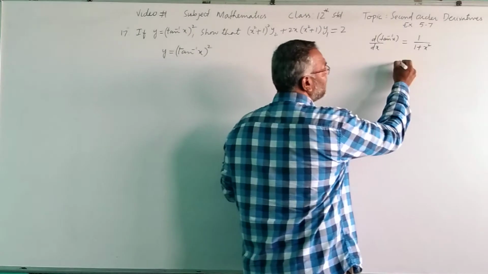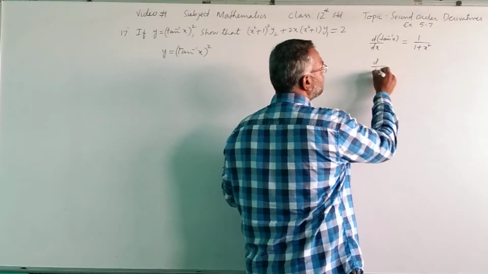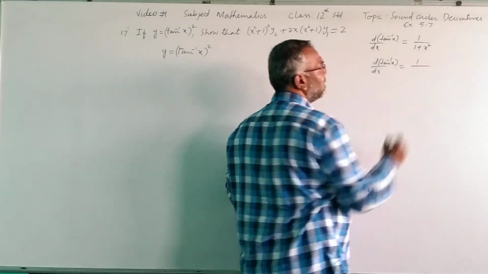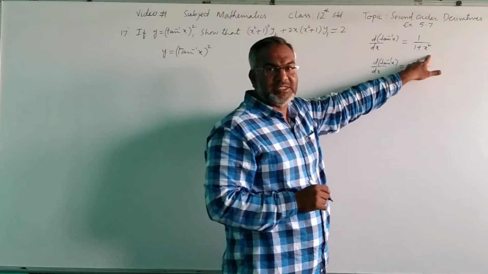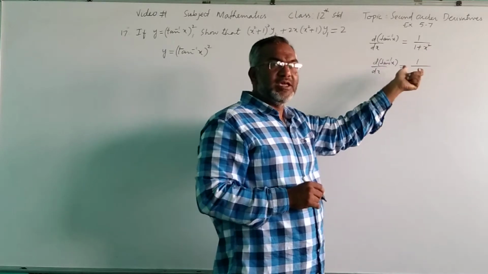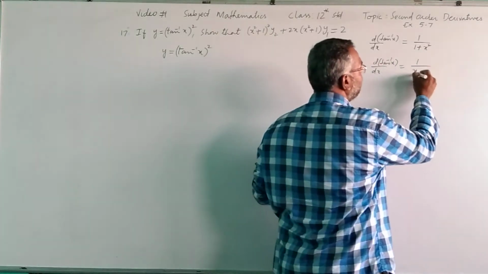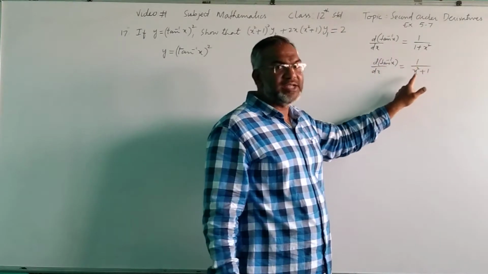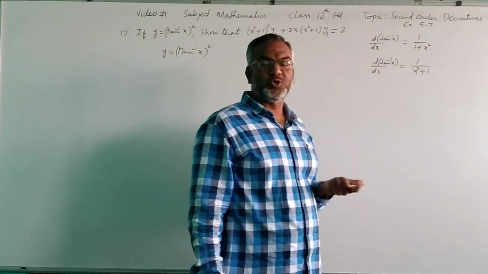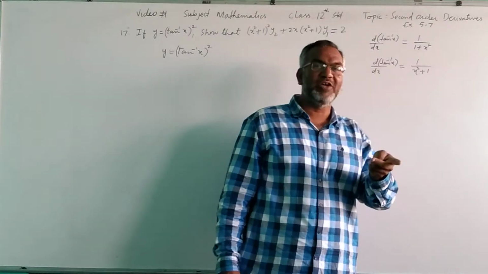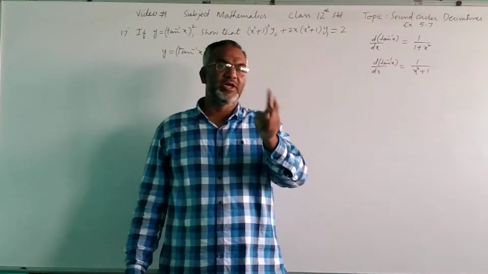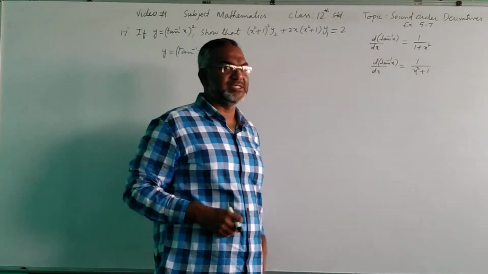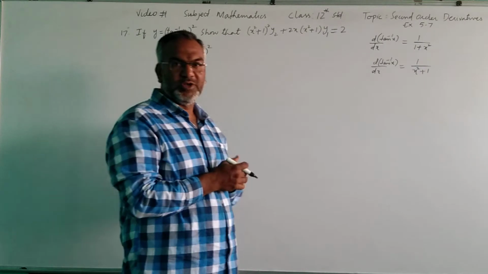Now you can also write it as 1 by x square plus 1 instead of 1 plus x square. It makes no difference, because 2 plus 3 is 5, 3 plus 2 is also 5. Addition has the commutative property. You have studied this in lower classes, right? So it makes no difference.